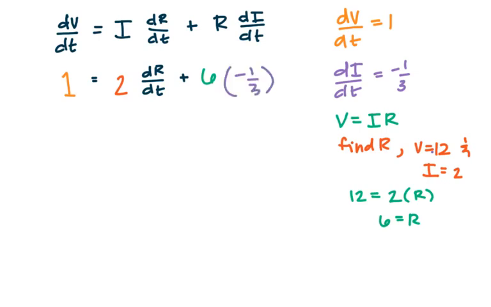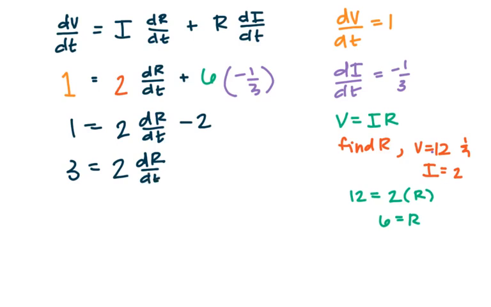So now I only have one variable, and that's what I'm being asked to find, dR/dt. So we'll just solve this equation. I have 1 equals 2 dR/dt. 6 times negative 1/3 is minus 2. I'll add the 2. I get 3 equals 2 dR/dt, or 3/2 equals dR/dt. We can leave that as a fraction, but it's also 1.5. So dR/dt equals 1.5.